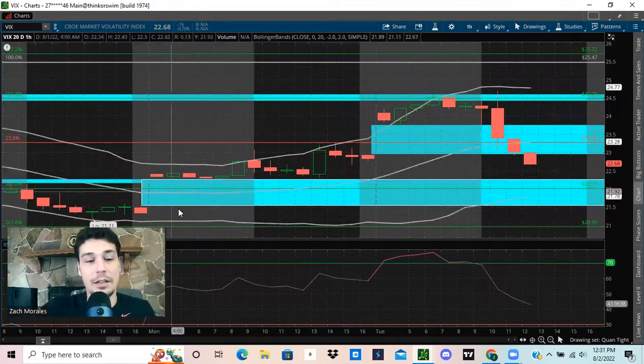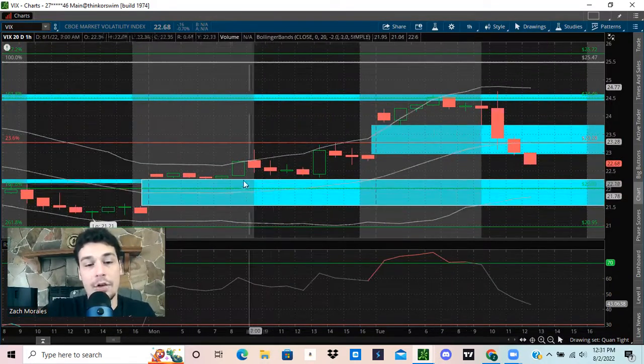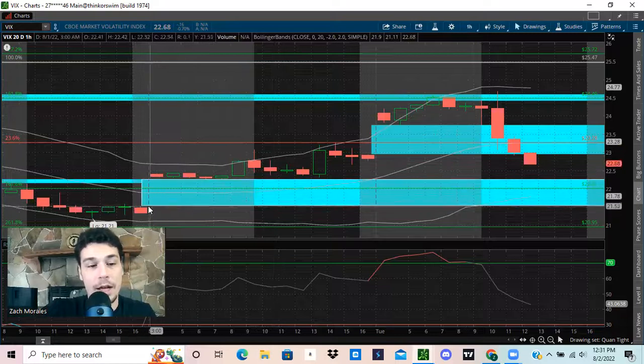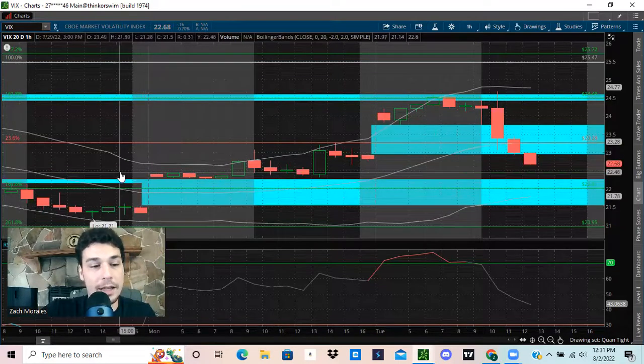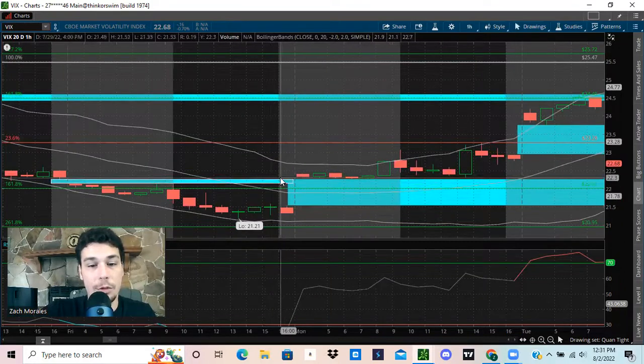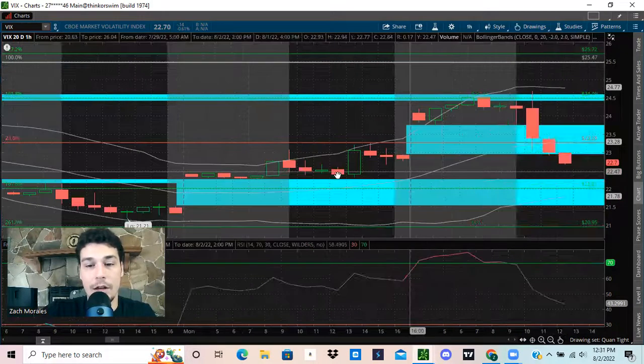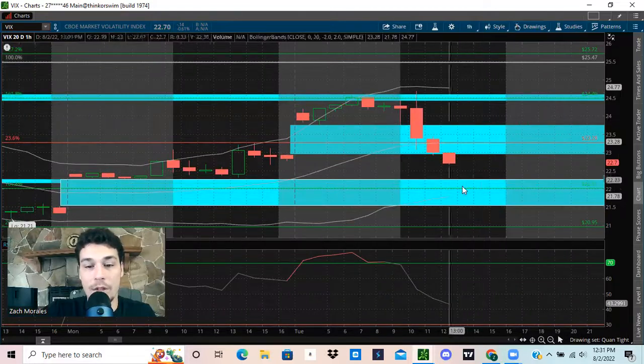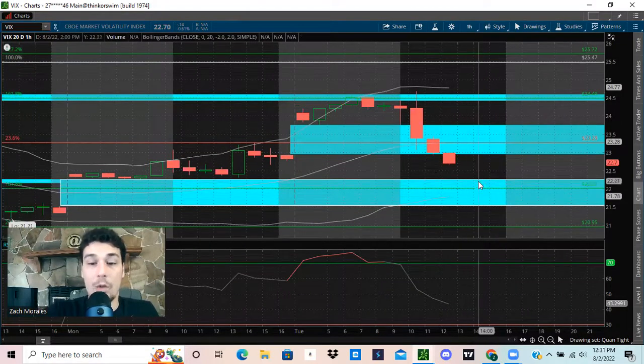We did again see the VIX rise a little bit, but it went way too fast. Look at how we had the gap from the previous day, and we just gapped right up through that gap again, and now we're heading down to fill this one about one day later.